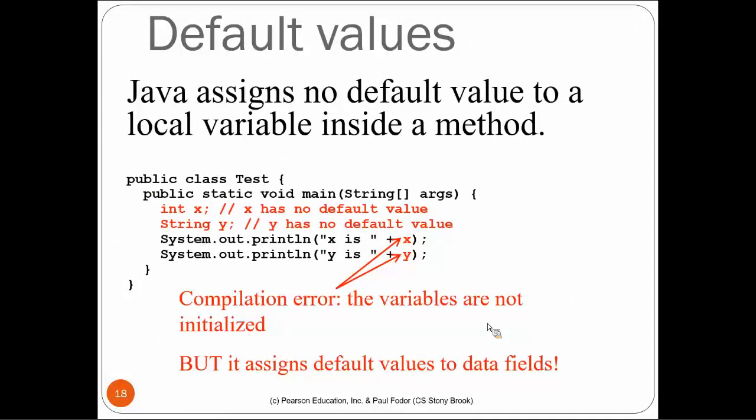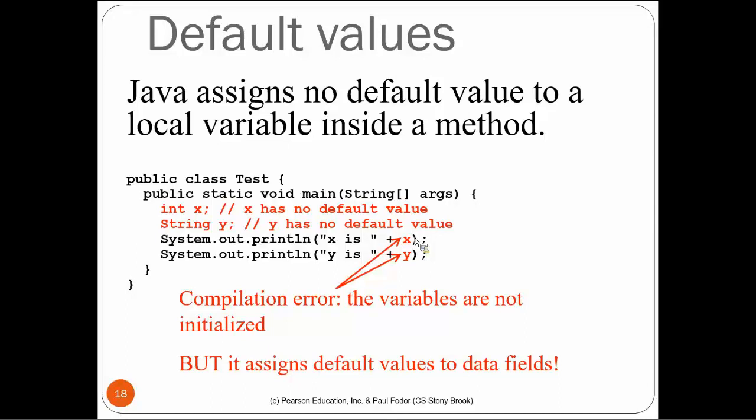Now, we also said that local variables are not initialized by default. Java doesn't assign any default value to a local variable inside a method. So for instance, if we have the main method and we define integer x, and we want to use x later, like for printing, we would have to assign it a value. x would not have a default value, and we will get a compilation error if the variables are not initialized before they are used in an expression or printed.